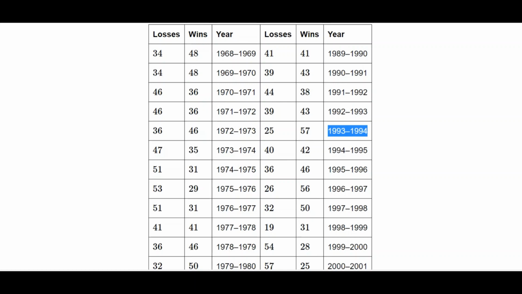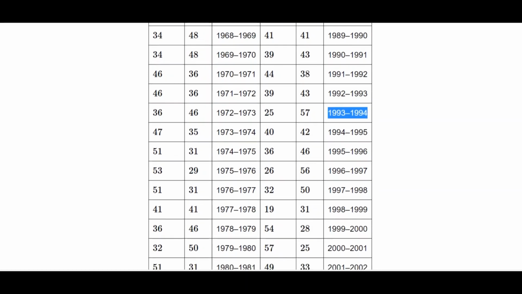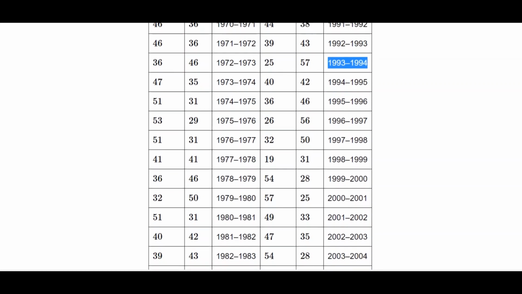So we have to find out the minimum losses and minimum wins and the maximum losses and maximum wins. So if we look at this table, then we have to find the minimum and maximum numbers in the columns of wins and losses. So please go through this table with me.